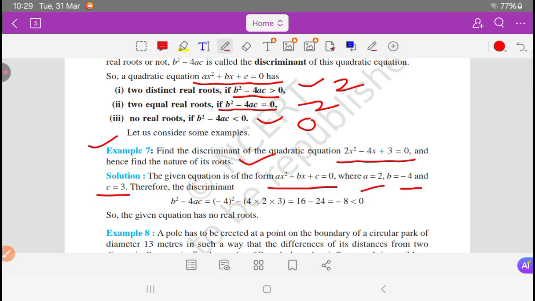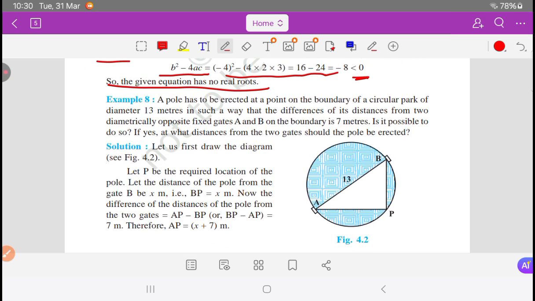Therefore, the discriminant is b square minus 4ac. After simplification, you will get minus 8, less than 0. That means this equation doesn't have real roots because the b square minus 4ac value is minus 8.